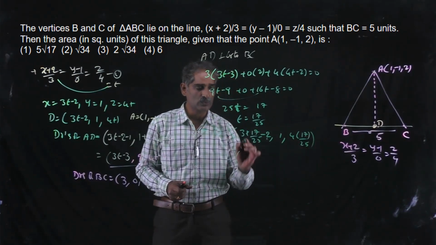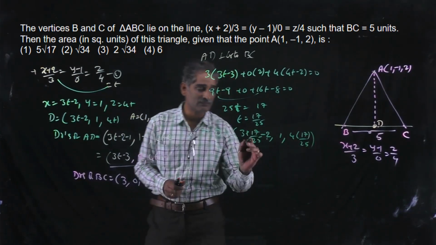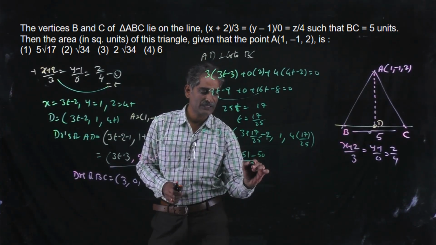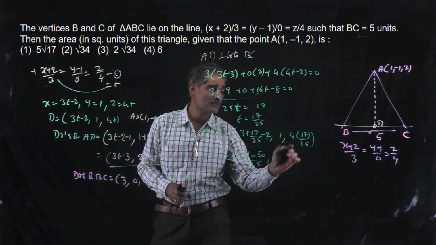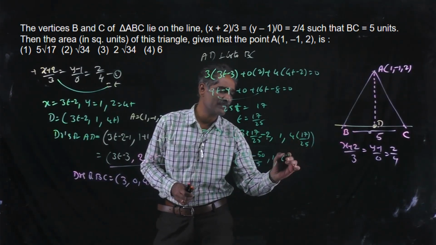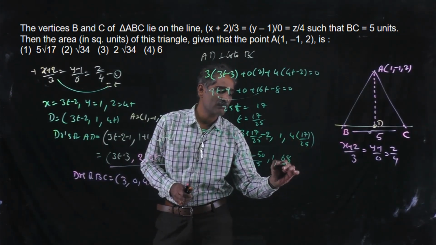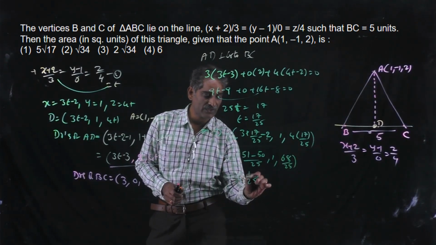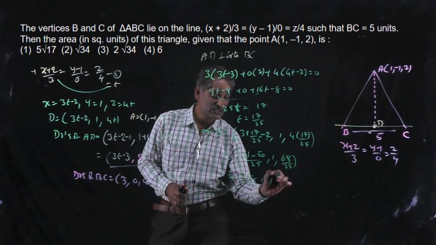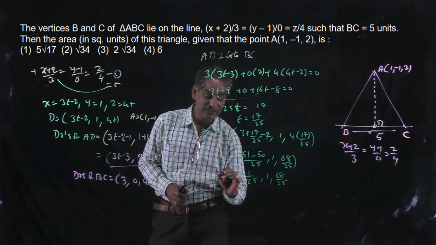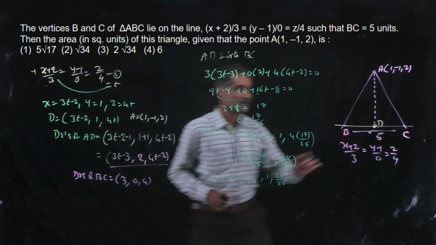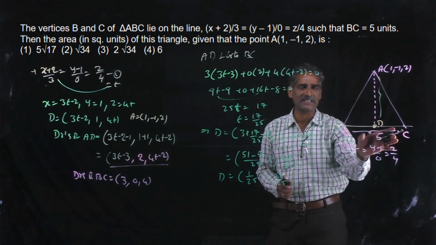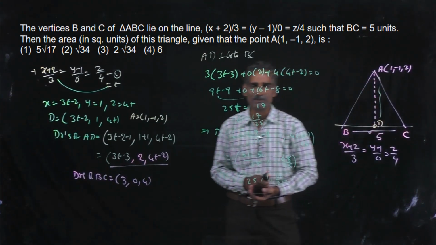That is equal to 3 into 17, 51 minus 50 by 25, 1, and 4 into 17, 68 by 25, that is equal to 1 by 25, 1, 68 by 25. These are the coordinates of D. So we have the coordinates of D and just need to find the AD length.